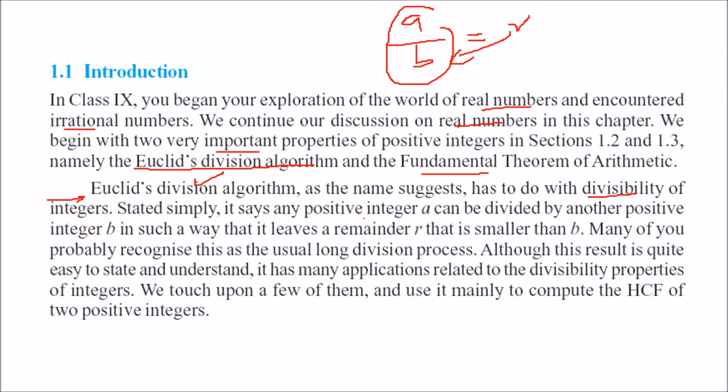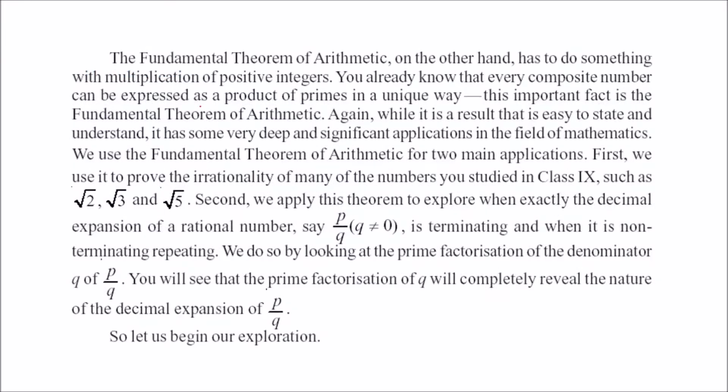Quite easy to understand, but this property is very important. How can we apply it? We'll see how to compute the HCF of two positive integers using Euclid's division algorithm.